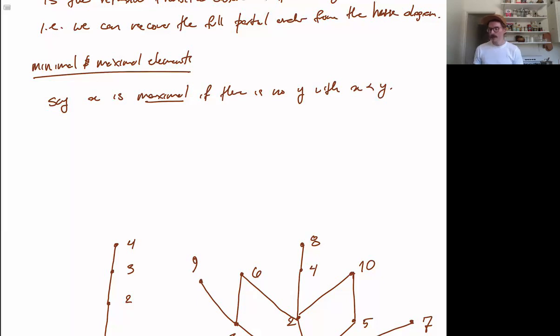So it's maximal if there's nothing bigger than it. And say x is minimal if, analogously, there is nothing smaller than it. If there is no z with z strictly less than x.